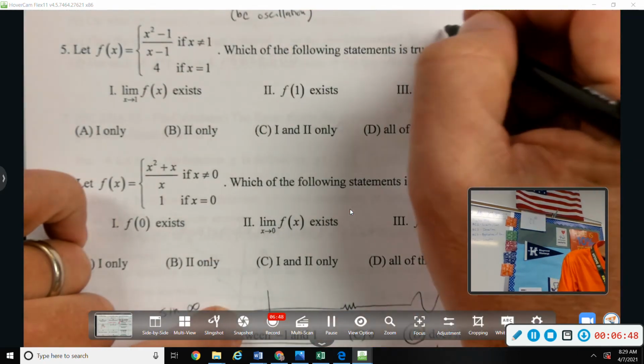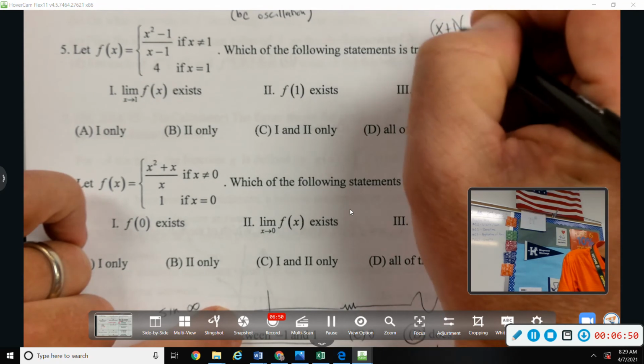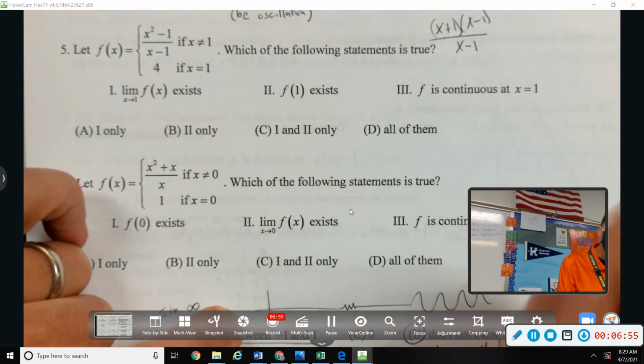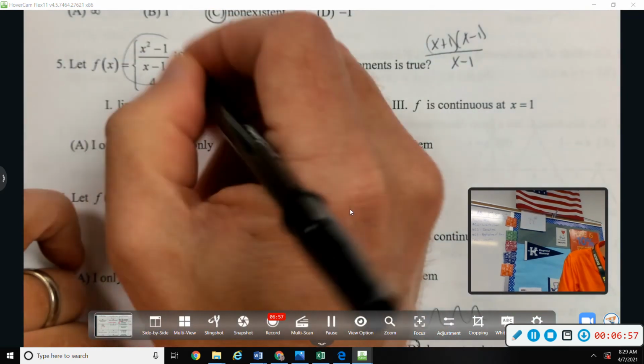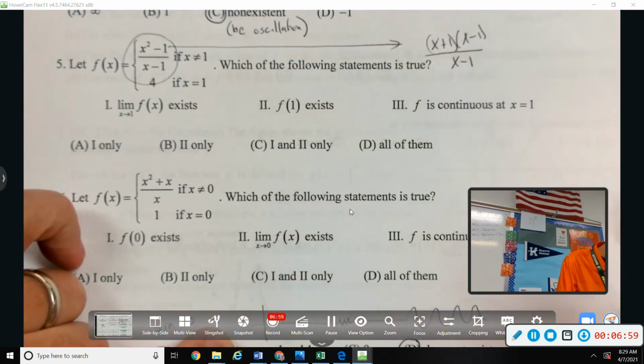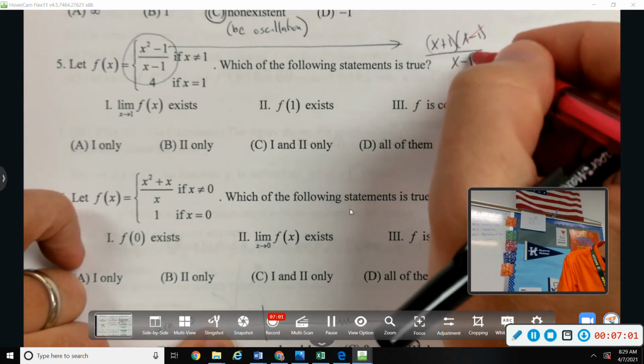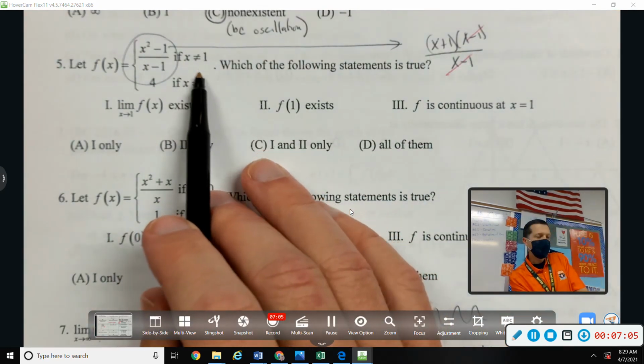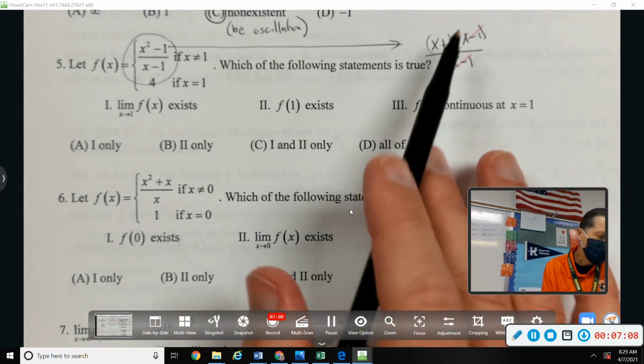So I want to rewrite that as x plus 1, x minus 1 over x minus 1. So there's a hole there at x equals 1, but we don't use that if x is 1, so we're safe to mark that out.